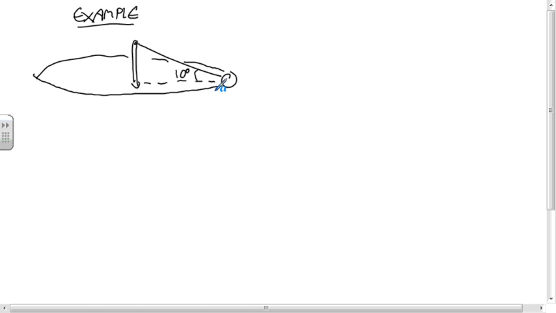And let's say, so it can't be the same string because I'm going to say that this radius is the same. So the string would actually have to be shorter in this case than it was in the previous case for the radius to be the same. Let's say the mass is still 0.06 kilograms. All right, so think about this. I gave you the angle. What do you expect to happen to the cable tension and the speed for this to work out? They both go up. That's exactly right.